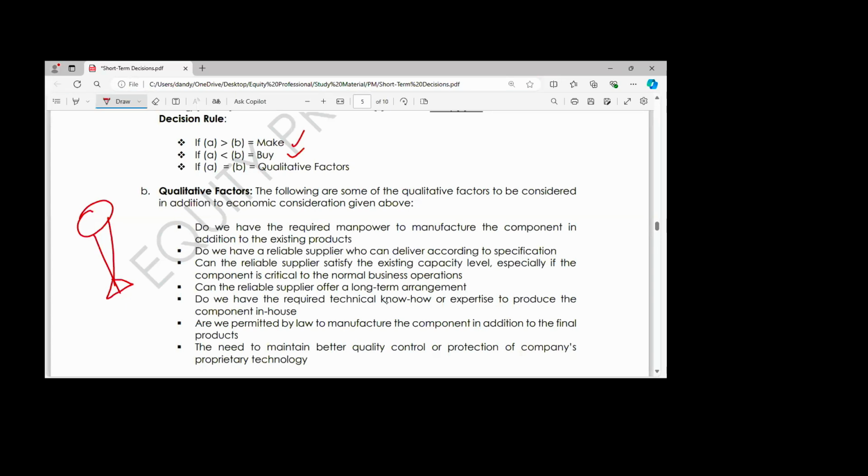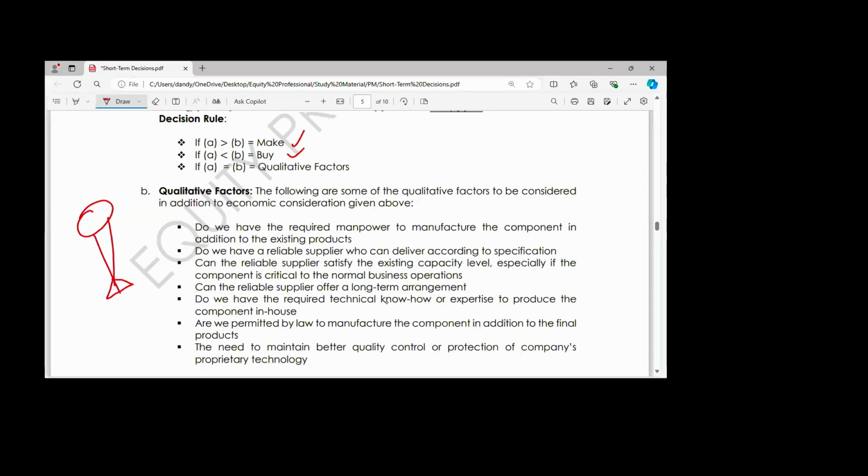The balance of 4,000, we'll bring it tomorrow. That tomorrow may not come, maybe until one week later, and that may disrupt our production process. As a result, it may even result in loss of contribution to the organization. So the company must ensure that the reliable supplier can satisfy the existing capacity level. Whatever quantity that you want, you can get it anytime, any day. So that's another factor you need to consider if the company wants to contract to an outside supplier.